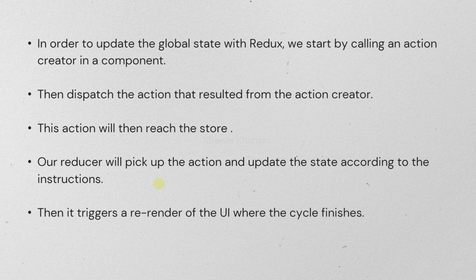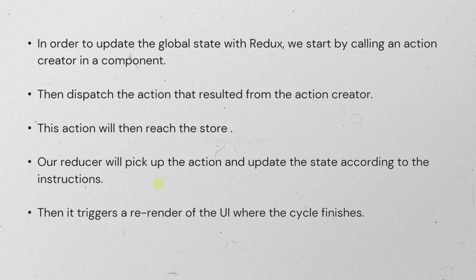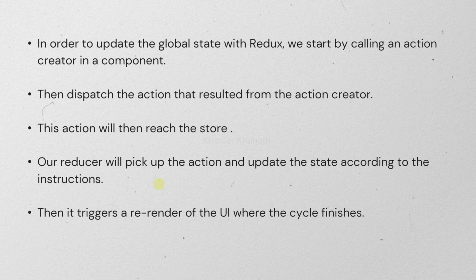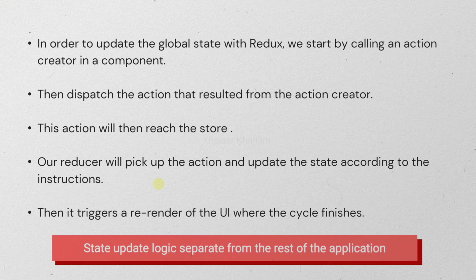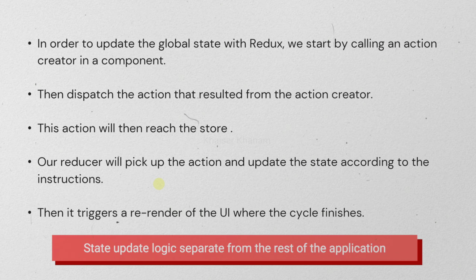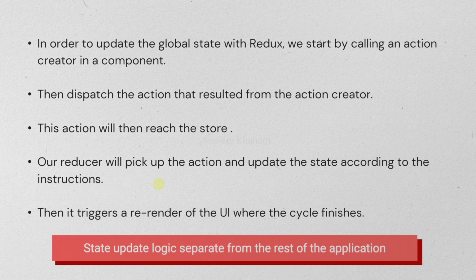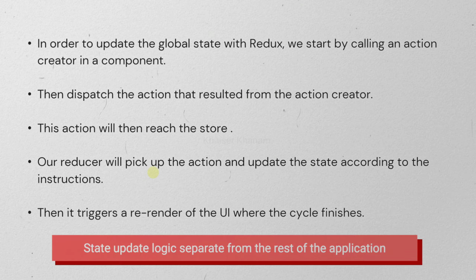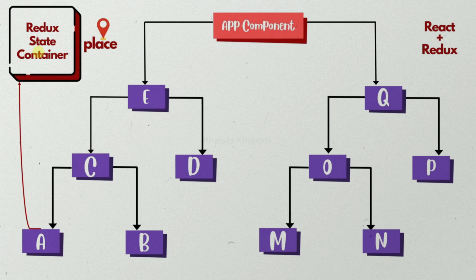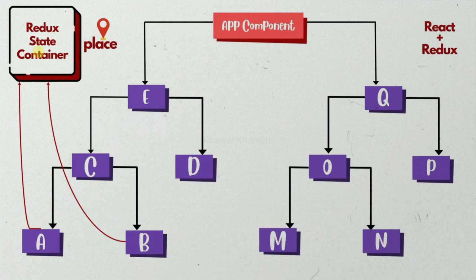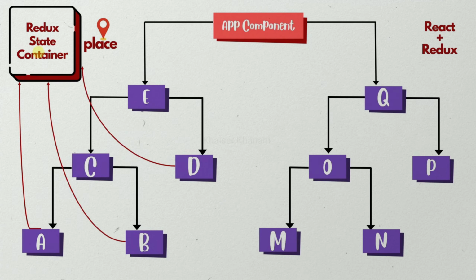Once the state is updated, we re-render our UI, where this cycle finishes. The major advantage, or the big goal of all this, is to make the state logic separate from the rest of the application. In one central place, we store our entire state. Whichever component needs that state can easily request the data and in return get the data.